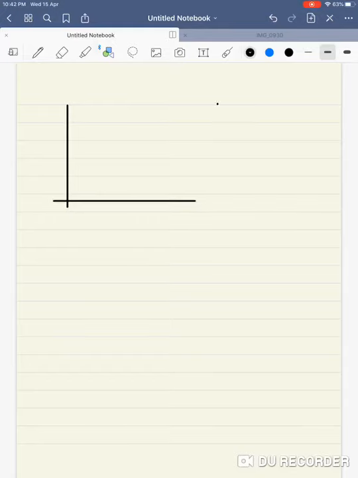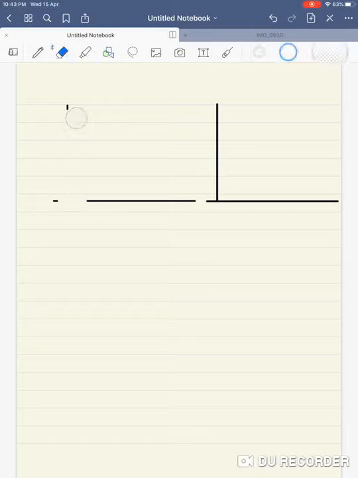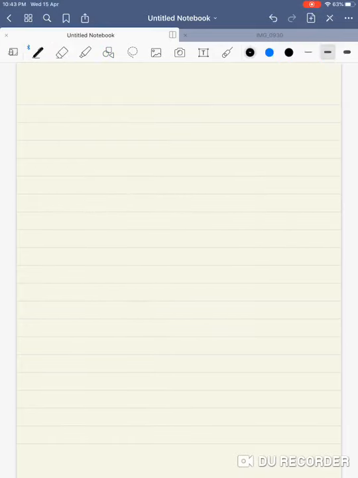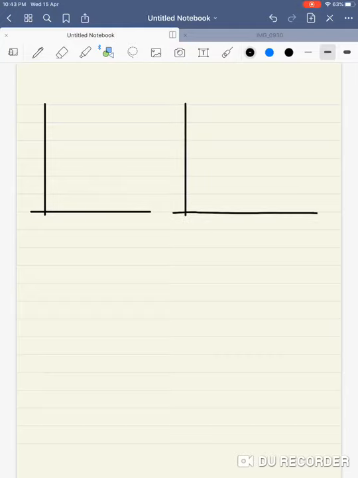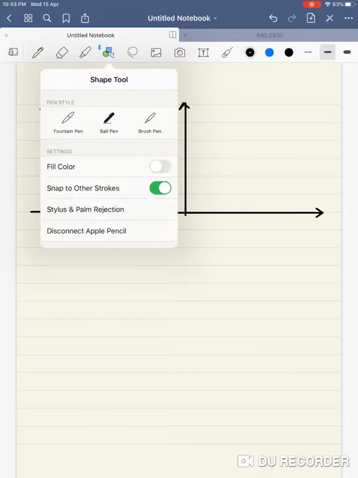So I'll just draw two graphs side by side. Actually, just a second. I need more space for the other one.